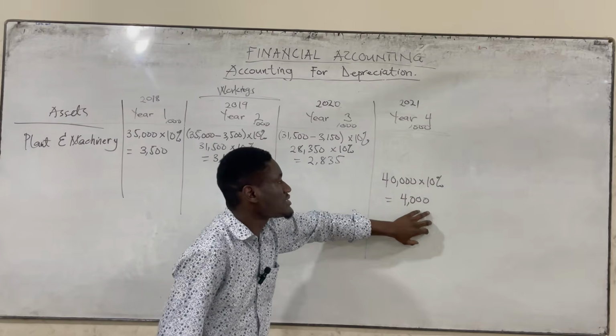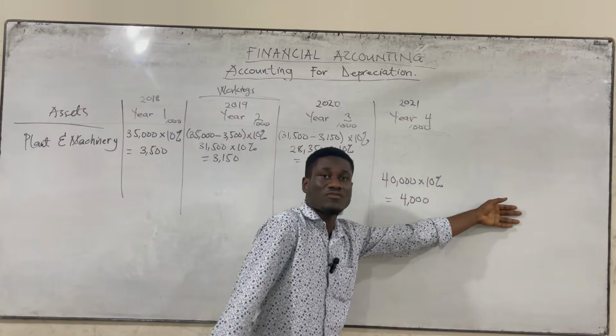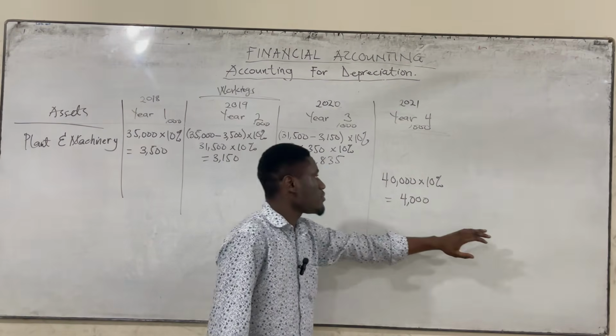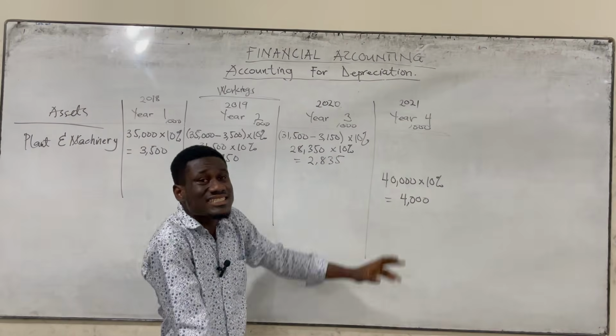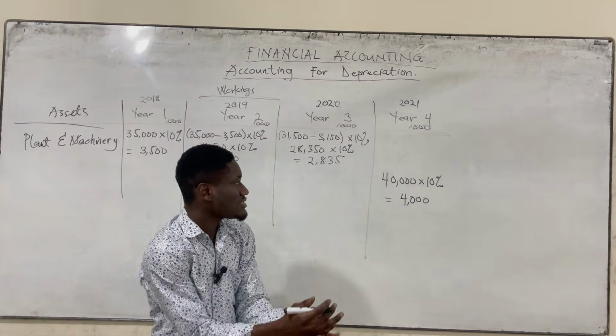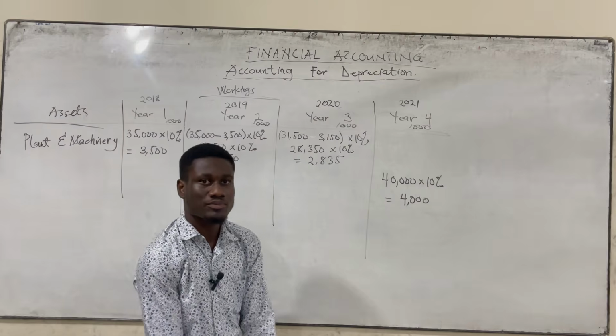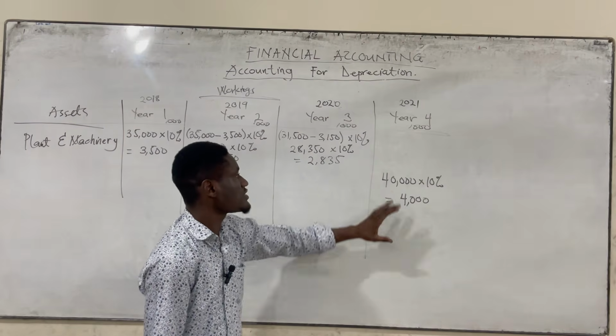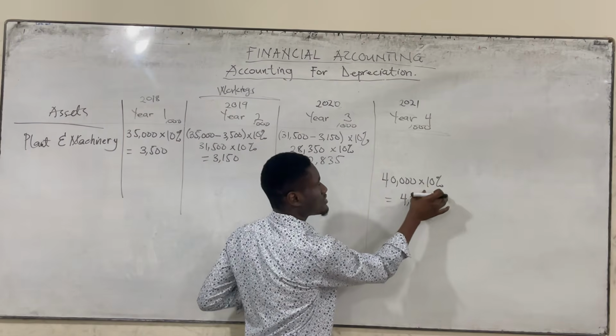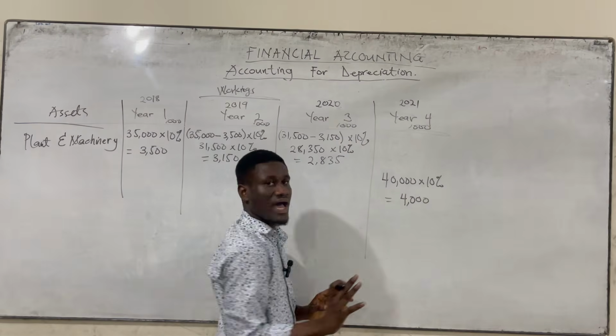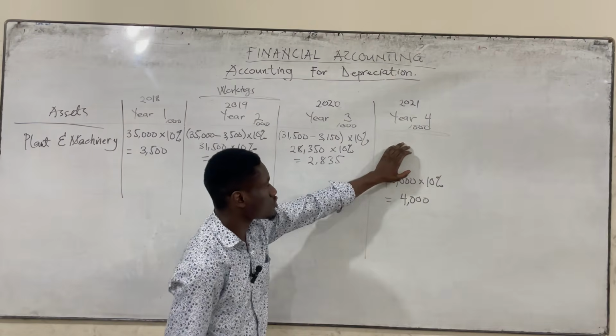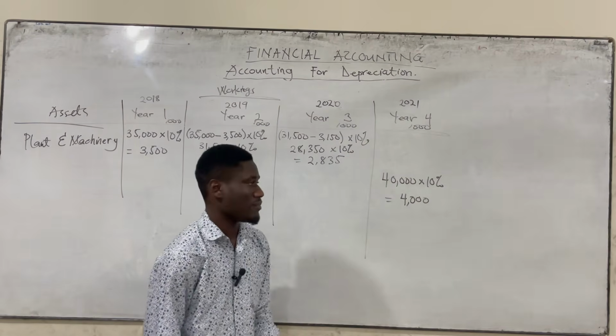We are not going to calculate any rate on the net book value for the subsequent year, because we are ending just in 2021. We are preparing the books up to 2021, ending 31st December. So our depreciation rate will be on the cost, and that's it. So for 2021, we have a depreciation of this amount.